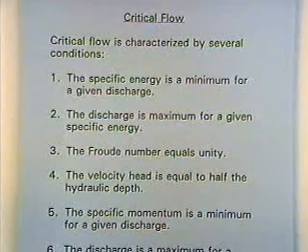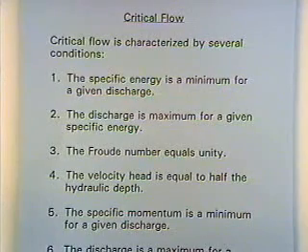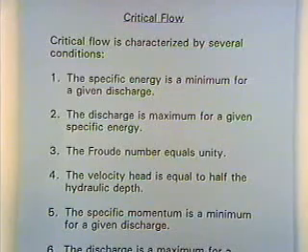Well, critical flow can be defined by, I've listed these as characteristics or conditions that occur at critical flow. If you need a definition, any of these conditions would serve as a formal definition of critical flow.